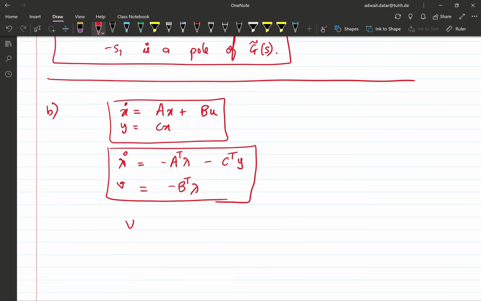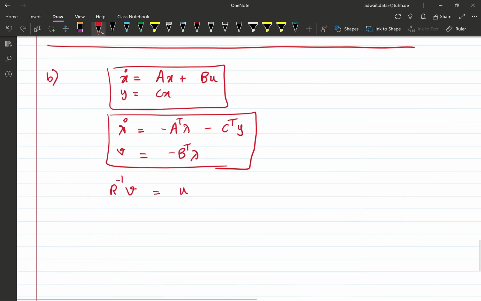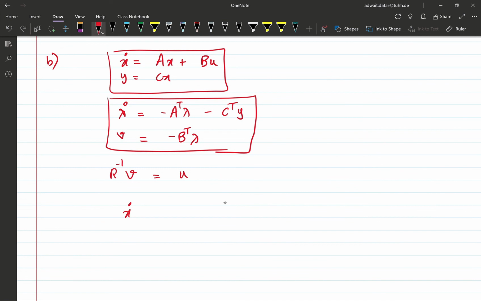And we additionally have V times R inverse V is U. So if we write down now the closed loop dynamics, we obtain x dot is AX plus BU, but U is R inverse V, so B R inverse V, but V is minus P transpose lambda.